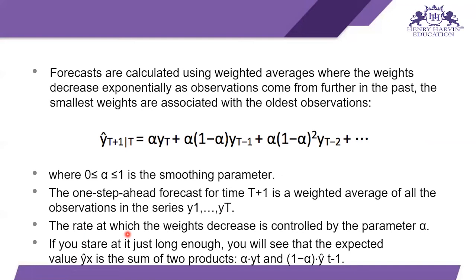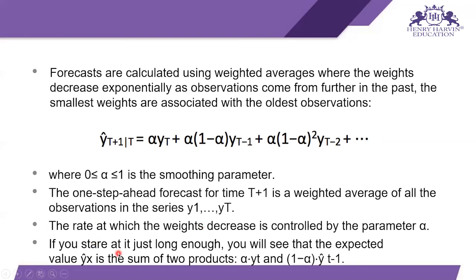This parameter alpha controls the weights, and it makes the weights decrease as we move back: the newer, current values get larger weights, and the older, past values get smaller weights.